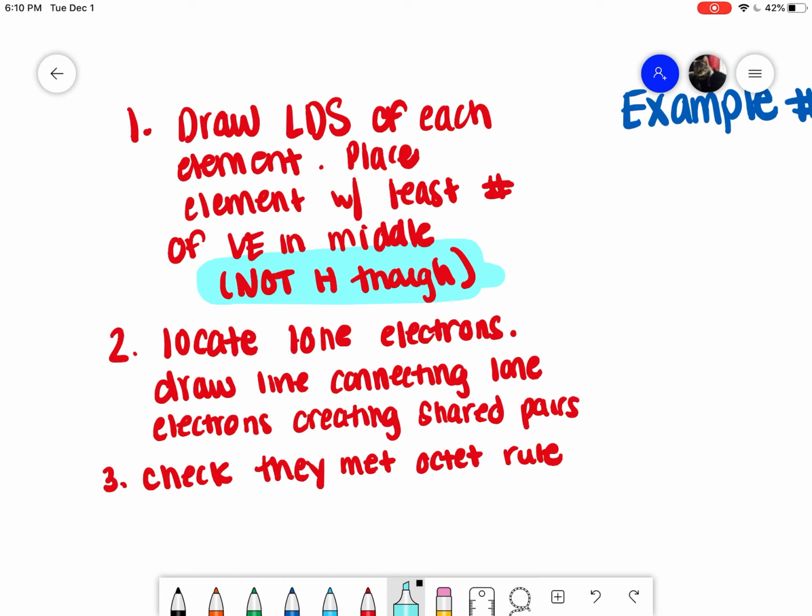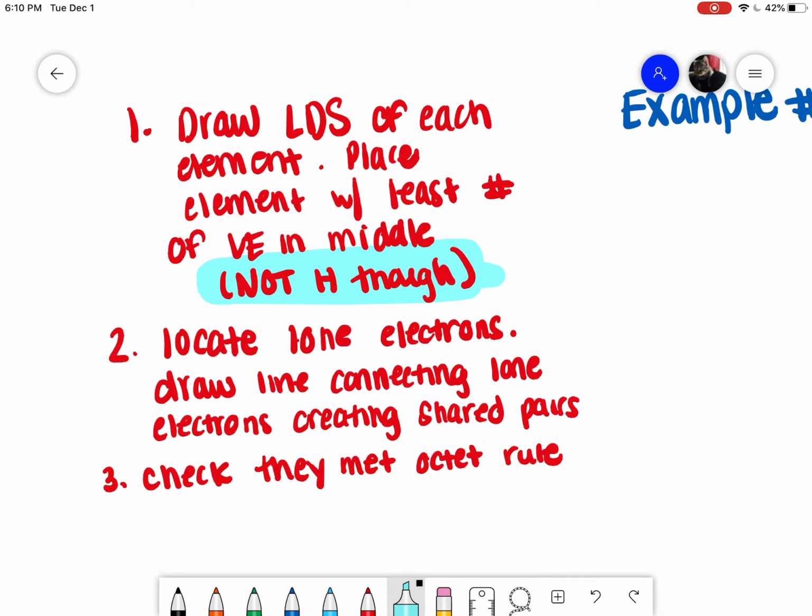And that is true for all elements except for hydrogen. Hydrogen will never be placed in the middle because it only has one valence electron and it can only add one more valence electron. It can only have two total, and so it can't really share that many electrons compared to other elements.